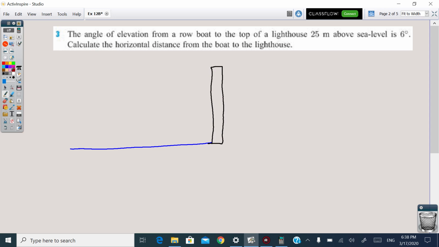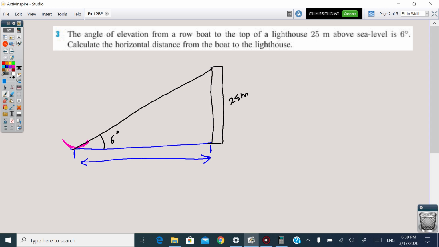There is a rowboat somewhere, so let's say it's here, and the angle of elevation from the rowboat to the top of the lighthouse is 6 degrees. The lighthouse is 25 meters above sea level, so the height of the lighthouse is 25 meters. And we want to calculate the horizontal distance from the boat to the lighthouse. So we're looking for this distance.